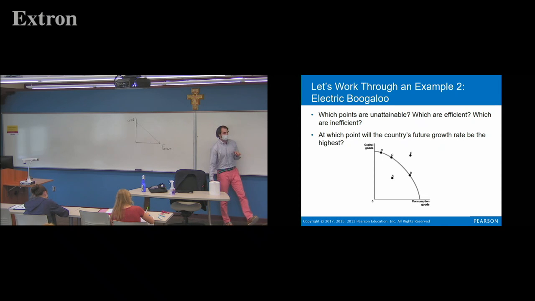Which points are efficient? That's right. Any point on this line is going to be efficient. And what point is inefficient? A. That's the easiest one because there's only one left. You can produce anywhere inside the production possibility frontier, but if you do that, you're wasting time or wasting whatever resources you have.